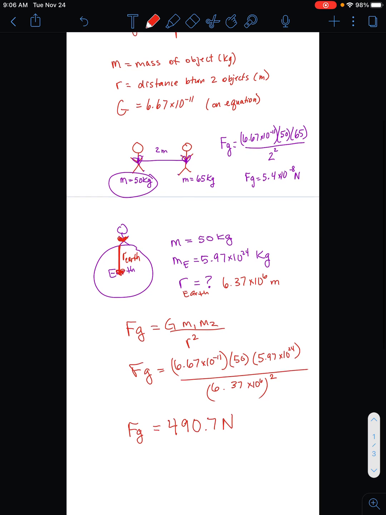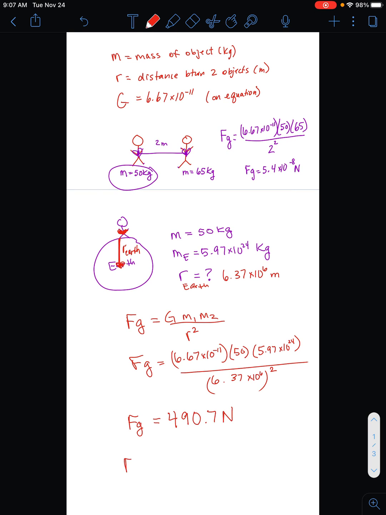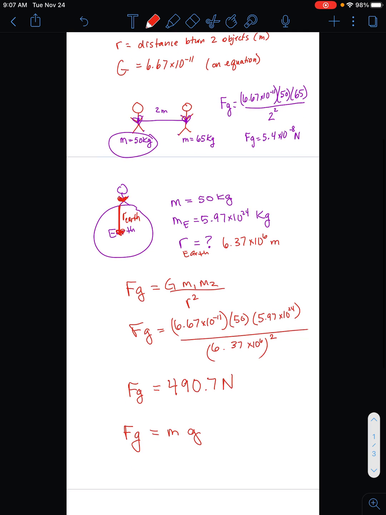But wait a minute. Don't I already have a way of finding a force of gravity between me and the earth? Isn't it just my mass times g, the gravitational field strength of the earth? What would 50 times 9.8 be? 490 newtons.